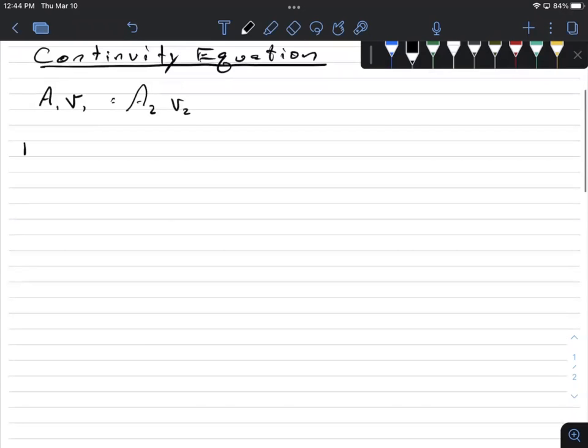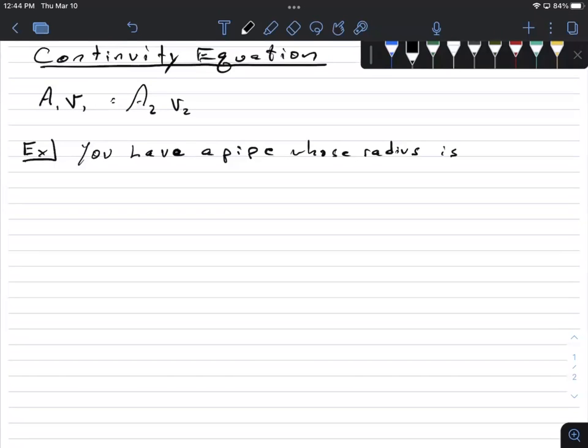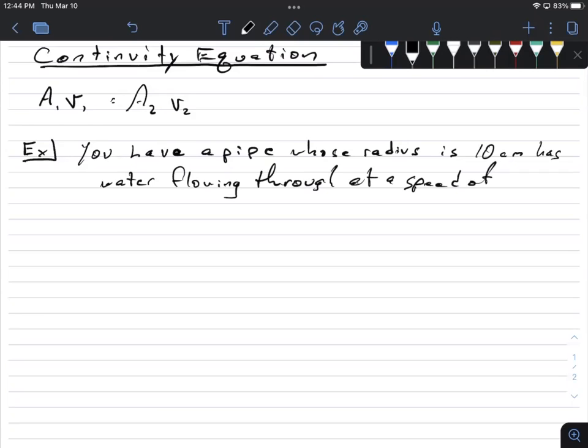So let's try an example. For this example, you have a pipe whose radius is, let's say, 10 centimeters, has water flowing through at a speed of, let's say, 40 meters per second.